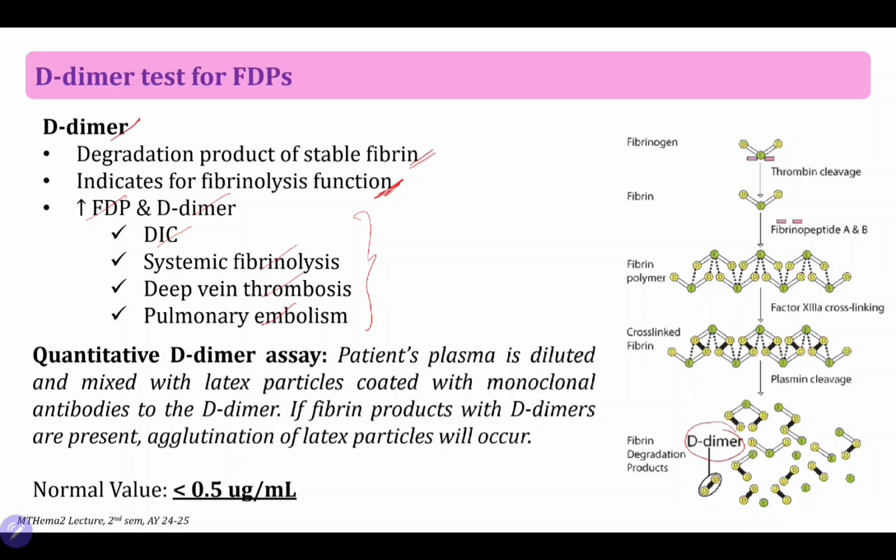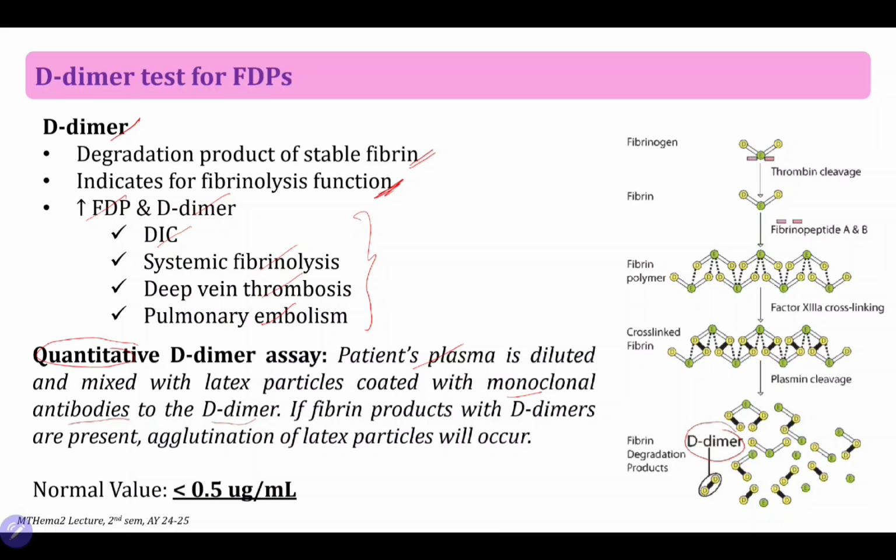Okay? Now, the most common D-dimer test that is also commonly used at present is your quantitative D-dimer assay. Its principle is that the patient's plasma is diluted and mixed with latex particles coated with monoclonal antibodies to the D-dimer. Now, you check for the presence of D-dimers and fibrin products, and therefore, agglutination of these latex products will occur.